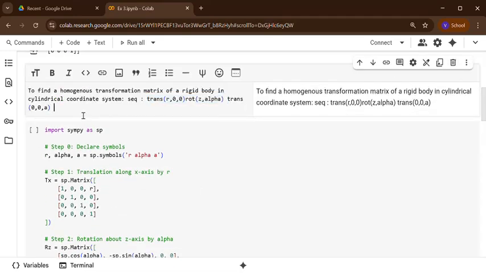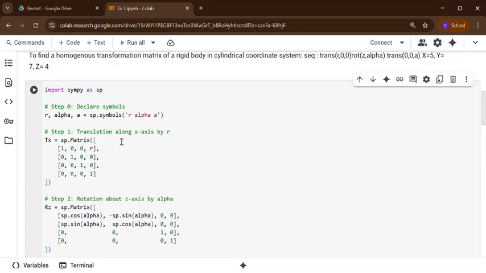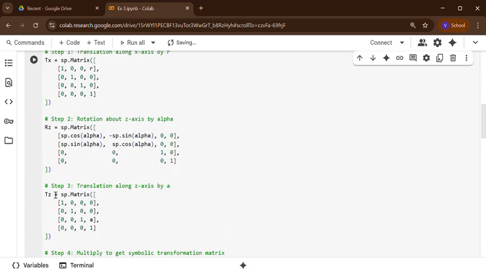The client is saying that my robot should reach x equal to 5, y equal to 7, and z equal to 4. So what you do is, first you should know the matrix, then you have to compare. This A is replaced by 4 because you have given z is 4.